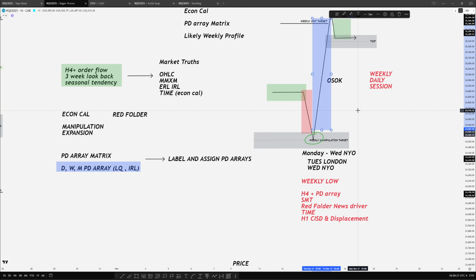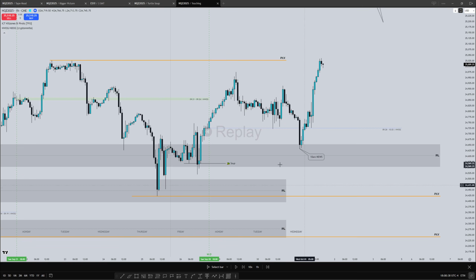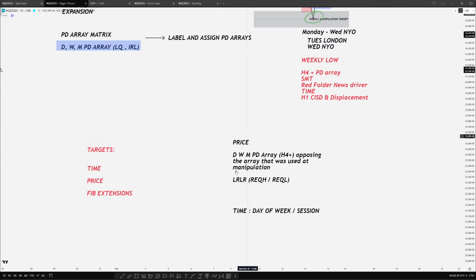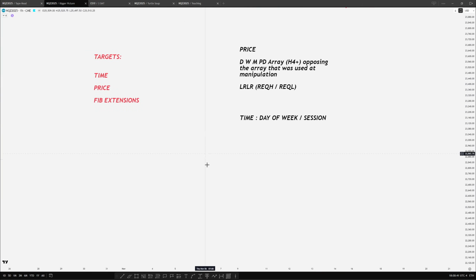It's few and far between that you see the one shot, one kill happen on a swing to Z. Normally, if we're already in that weekly expansion, price does not want to consolidate within the range. So you're going to see 1 of 2 profiles: either the classic London protraction profile or a New York open reversal. So one of these two.